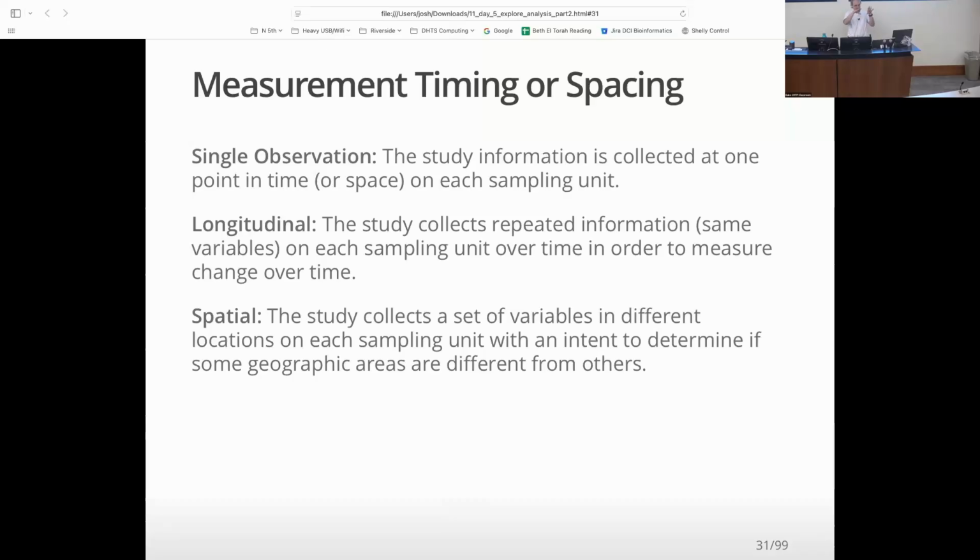So you can look at the space of a tumor sample or something like that, right? Multiple observations, or making observations in different locations. And that could be at the same time, in which case it would be spatial but not longitudinal, or it could be longitudinal and spatial, right?